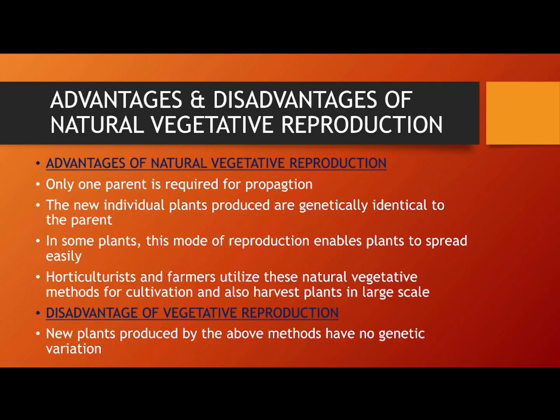This is a rapid method of development, so within a short span you can get a number of plants. Horticulturalists and farmers utilize these natural vegetative methods for cultivation, and they are able to harvest plants on a large scale.